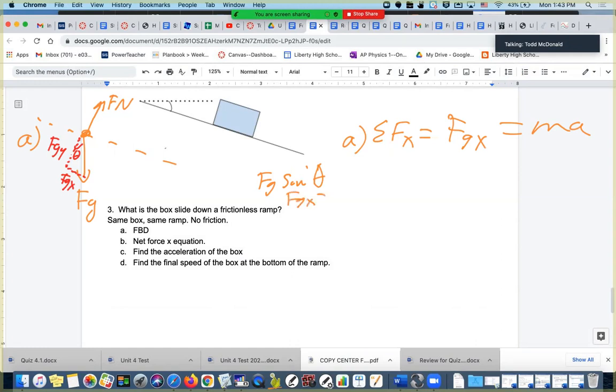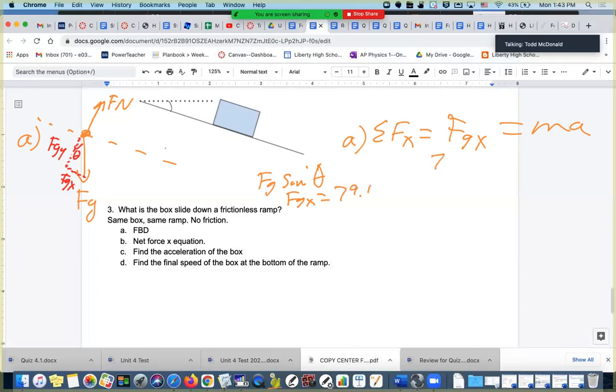FGX is equal to the mass, which we said was, what was the mass of our box here? Actually, let me look. I think I probably have these numbers in front of me. That'll make things easier if I can just look on my piece of paper. So FGX was, remember, 79.1.